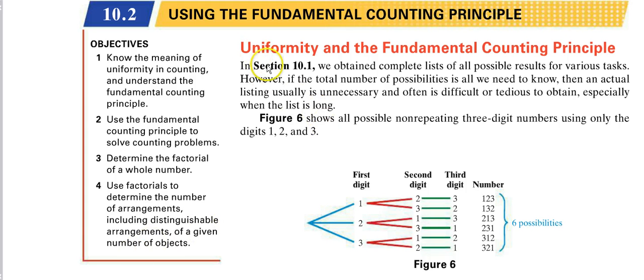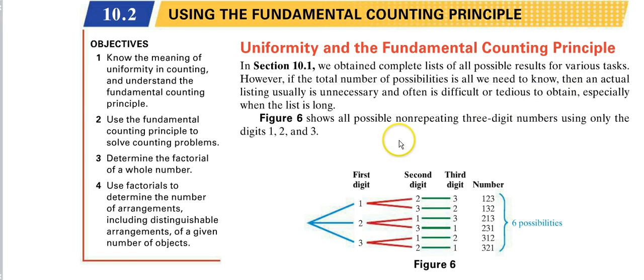And it does review what was done in section 1. We obtained complete lists of all possible results for various tasks. However, if the total number of possibilities is all we need to know, then the actual listing is usually unnecessary and often difficult or tedious to obtain.